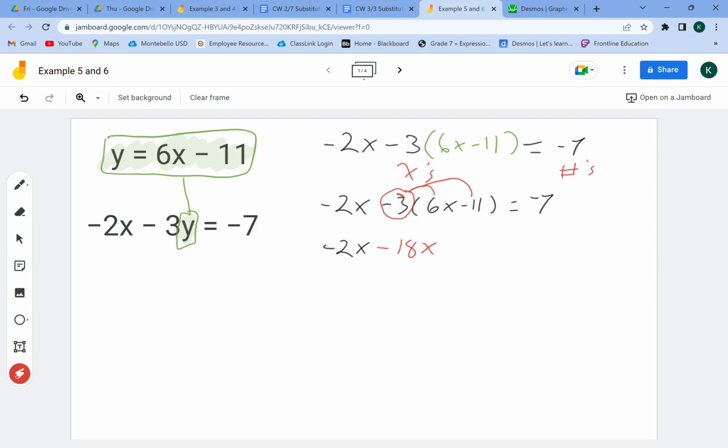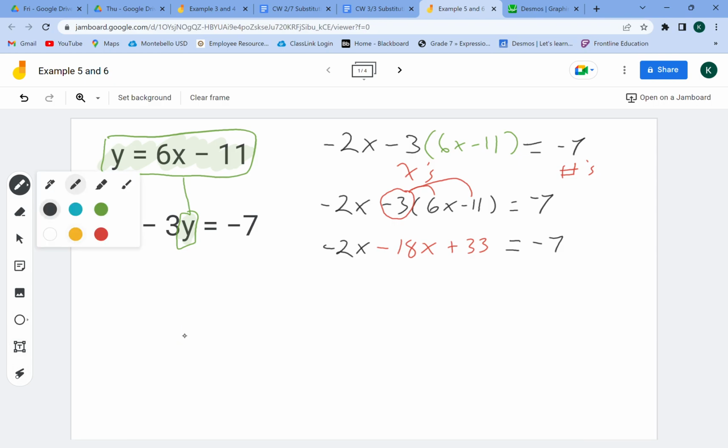And then the next thing will be negative 3 times negative 11. Negative 3 times negative 11 is a positive 33. So I'll put plus 33 equals negative 7. Okay, so that gets rid of the parenthesis by using the distributive property.